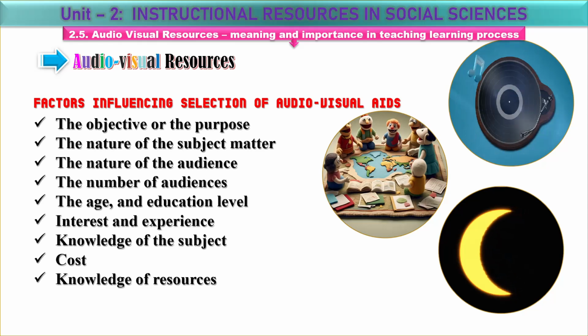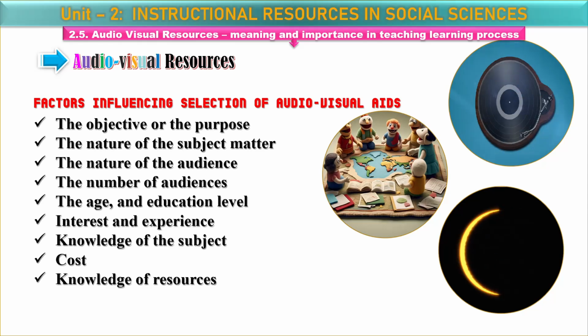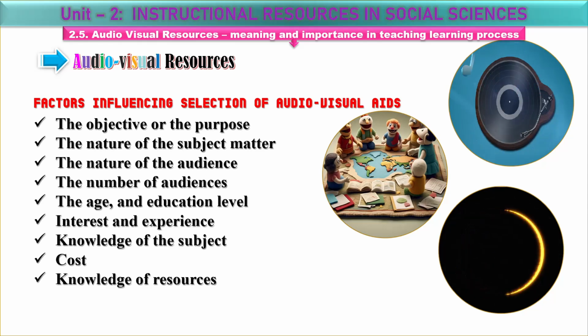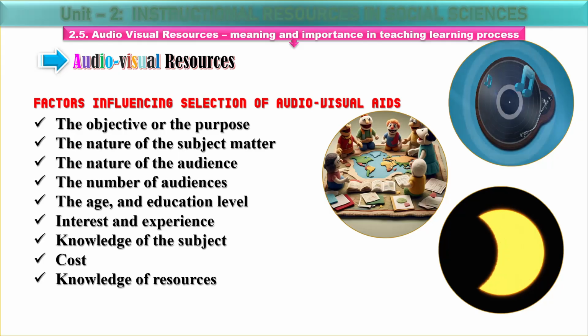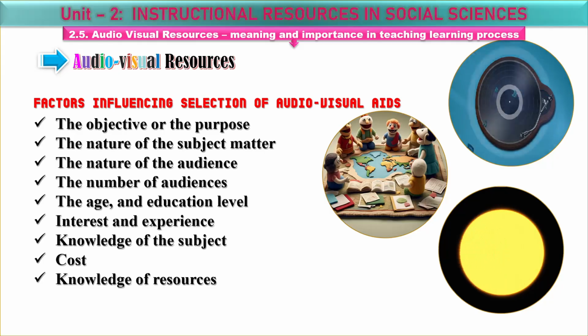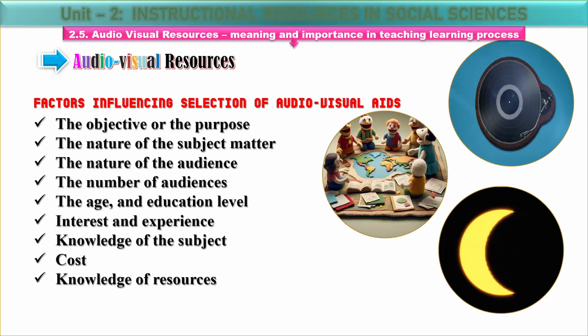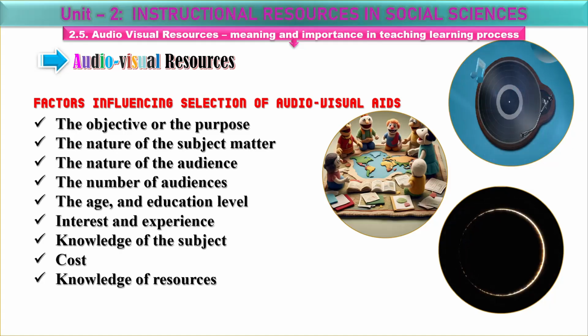The age and education level, that is what age the learners are and in which grade they are, then the interest and experience of the learner, knowledge of the subject, then obviously the cost of the resources we are using, and knowledge of resources, that we should know how to use those resources effectively.